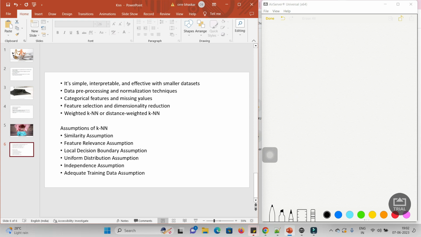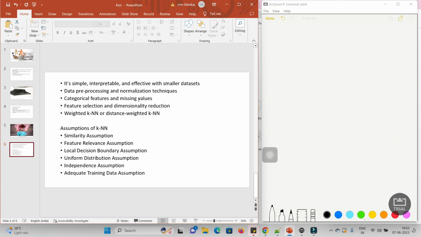However, it can be computationally complex and sensitive to feature scaling. To enhance KNN performance, we can use data preprocessing and normalization techniques. It's like preparing ingredients before cooking a delicious meal: cleaning, chopping, and seasoning.